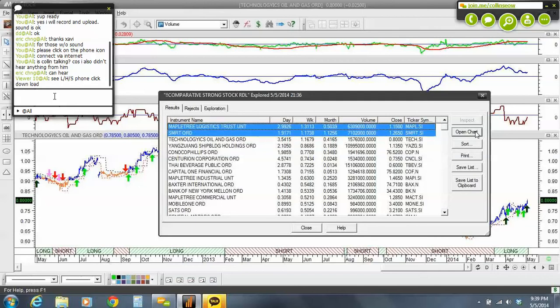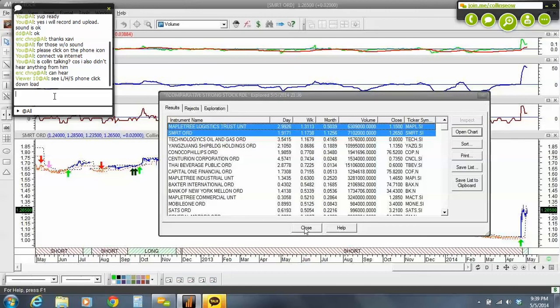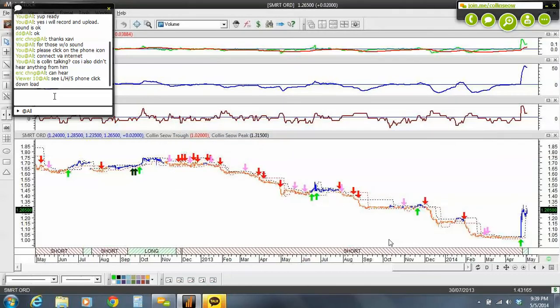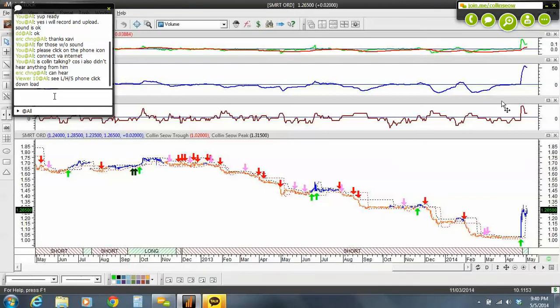We have 2 charts here, so in total we have 5 charts.